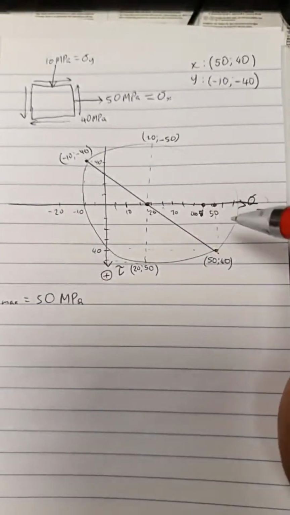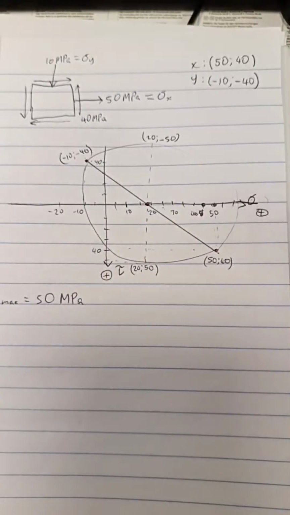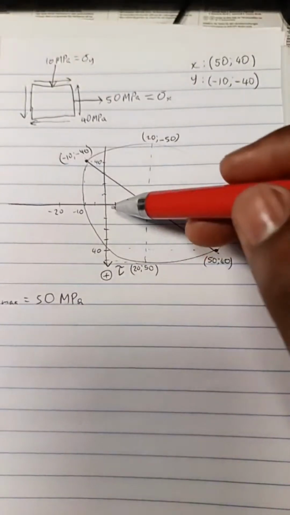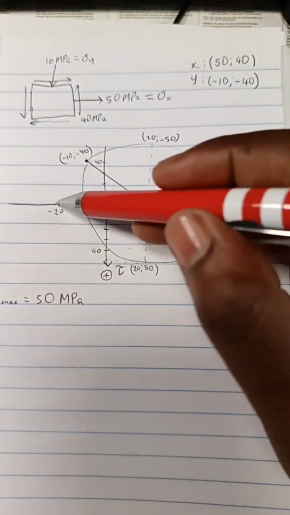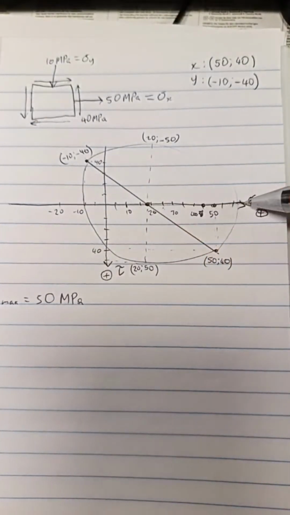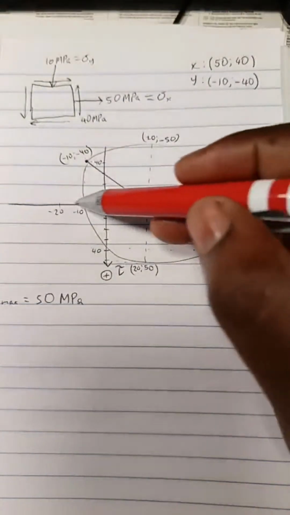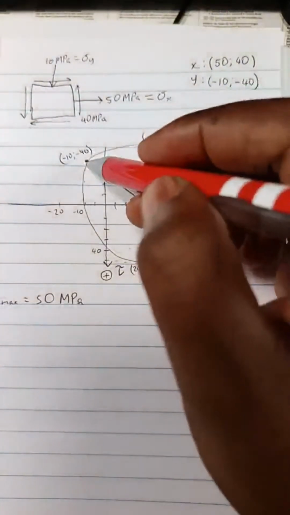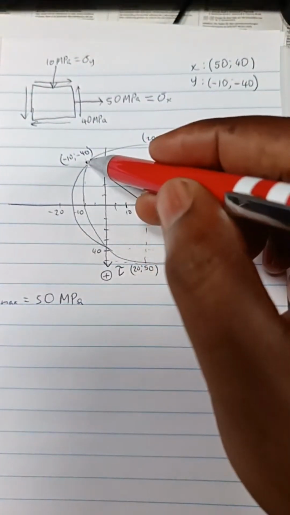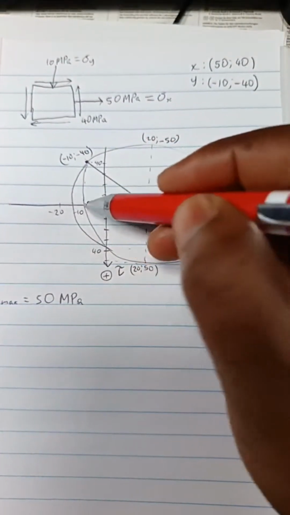Then when we want the second part, which is the principal stresses, the principal stress will be the stress where the shear stress is equal to 0. Now the shear stress is 0 in this line. Anywhere in this line, the shear stress is 0. So for these values, of course, this one will be more than 10.